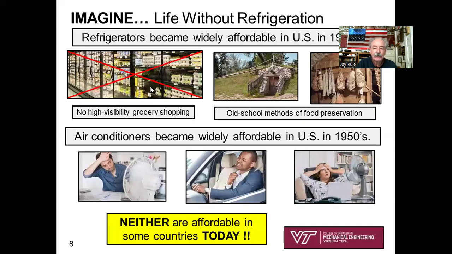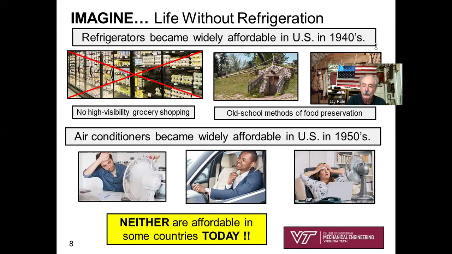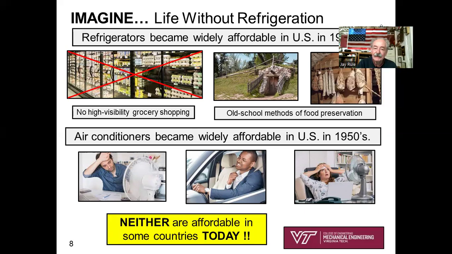So as we come near the end of this video, imagine life without refrigeration. Just imagine this. Refrigerators in the US only became widely affordable in the 1940s, after World War II. So imagine not being able to go to the grocery store and select refrigerated or frozen items off the shelf.